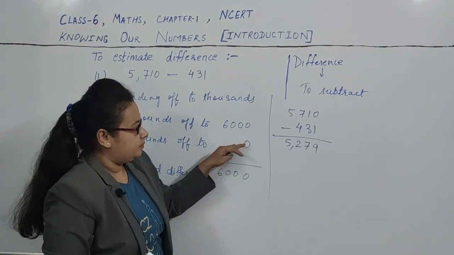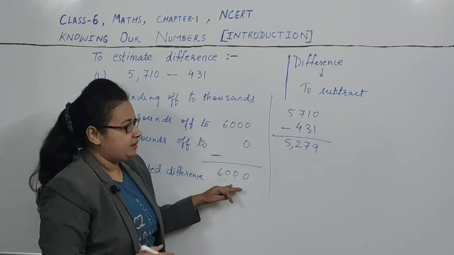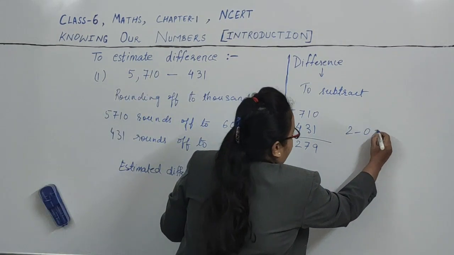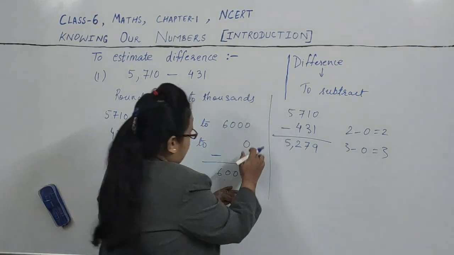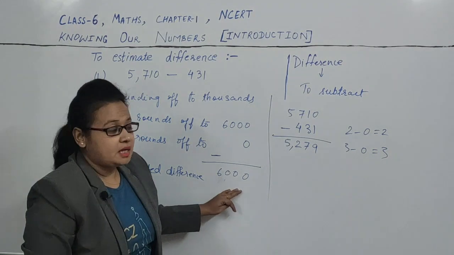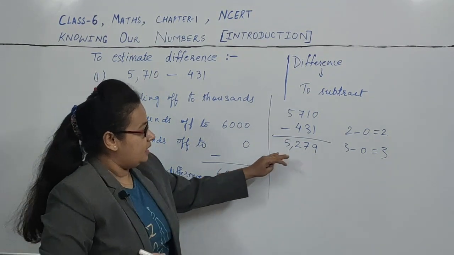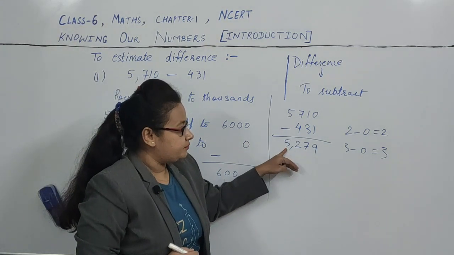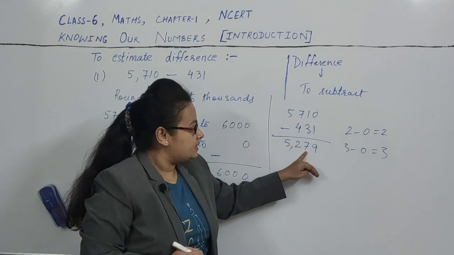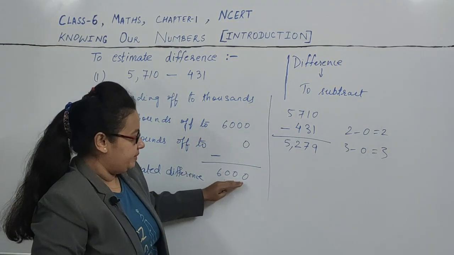Any number with 0 subtracted from it will give the same number. See, 2 minus 0 is 2. 3 minus 0 is 3. Same as 6000 minus 0 will be 6000. See, the estimated difference is 6000 and the real difference is 5279. This is a major difference.